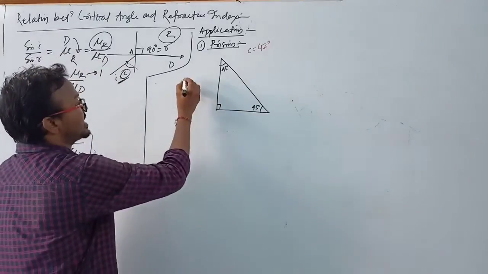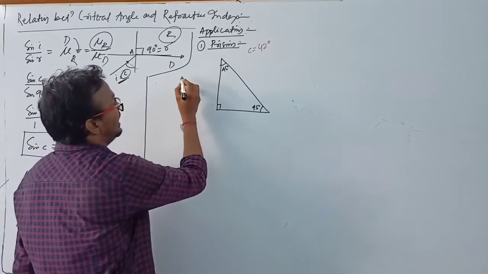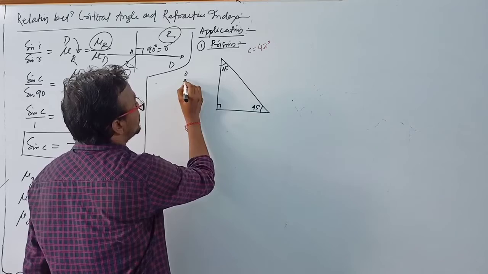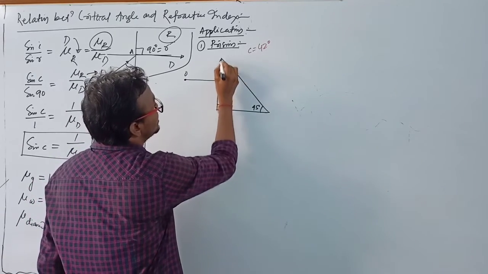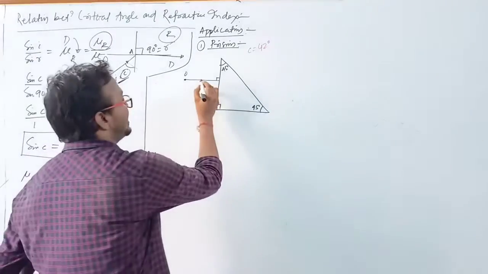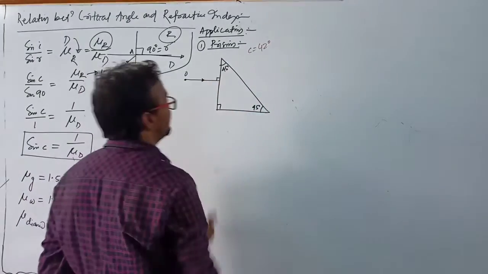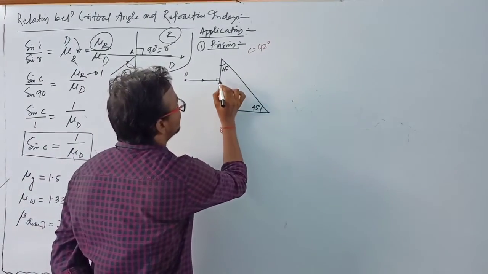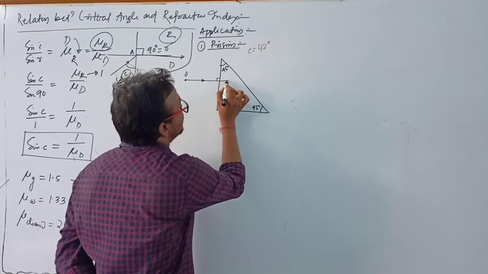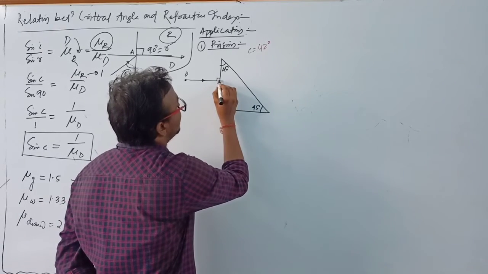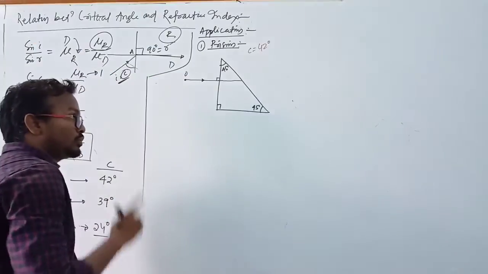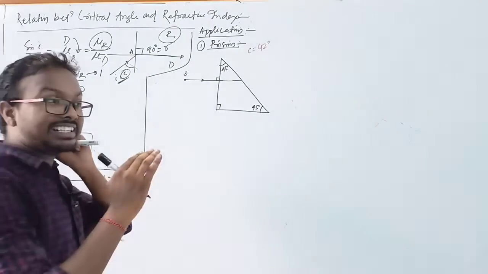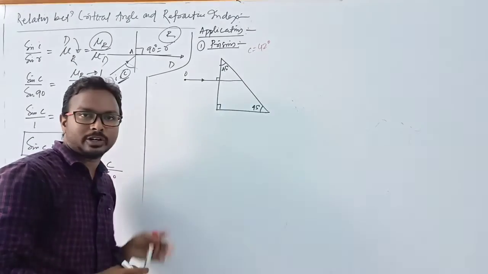Suppose there is a point object here, and a ray of light coming perpendicular to this interface. When this ray strikes the interface perpendicularly, it refracts through this medium undeviated in this direction and strikes here. Now the question arises: when does total internal reflection form?